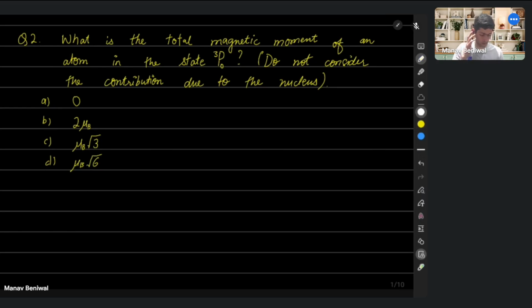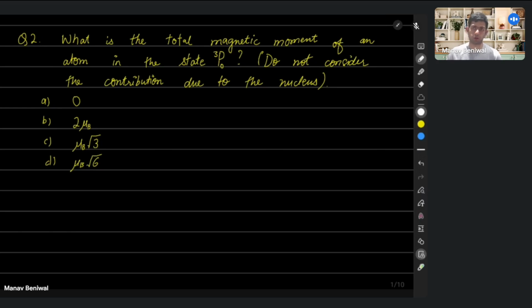So this is the second question. And the question also asks us to not consider the contribution due to the nucleus, because as we know, the nucleus also has a spin, like it has protons and neutrons, which are spin-half fermions, and they can also have their magnetic moments, which can contribute to the magnetic moment of an atom.